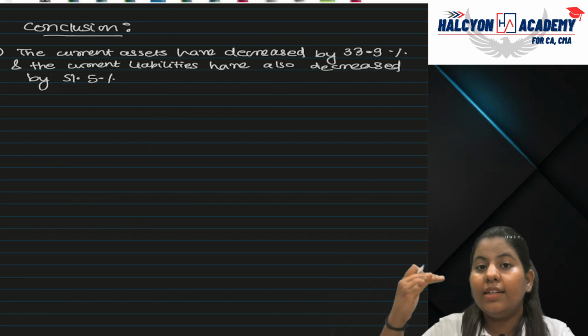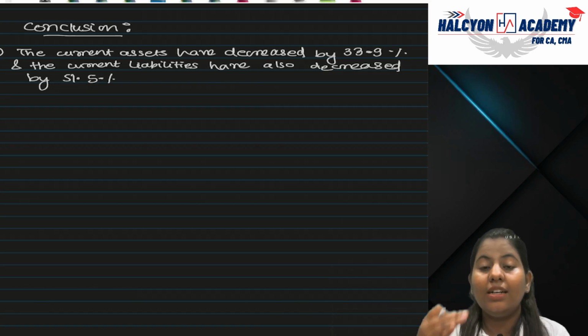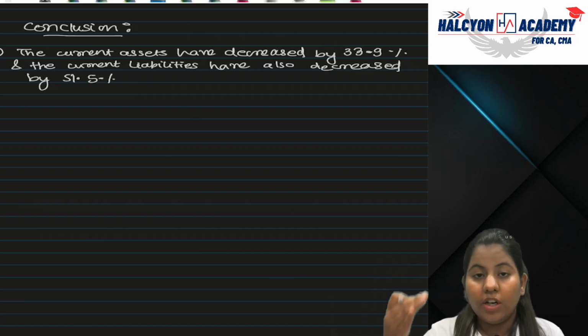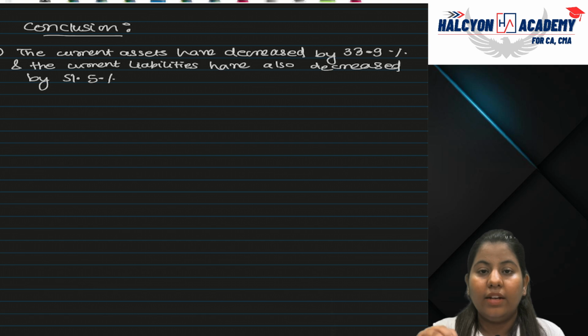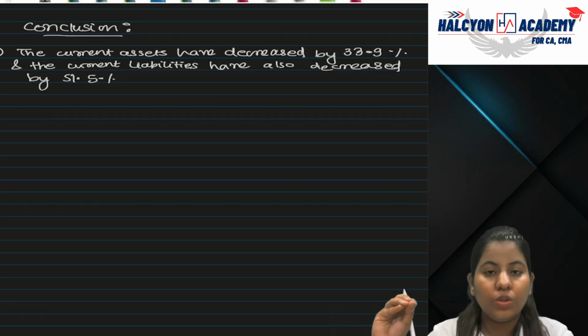The decrease in current liabilities is more. So this is a good situation because the liabilities have fallen more. Can you say that the current assets are used for paying the current liabilities?